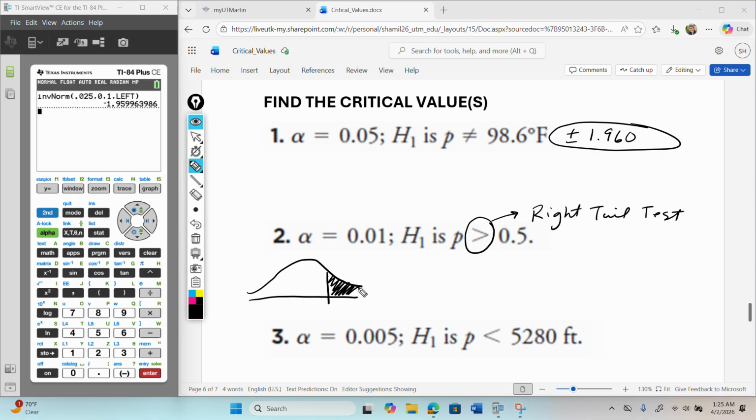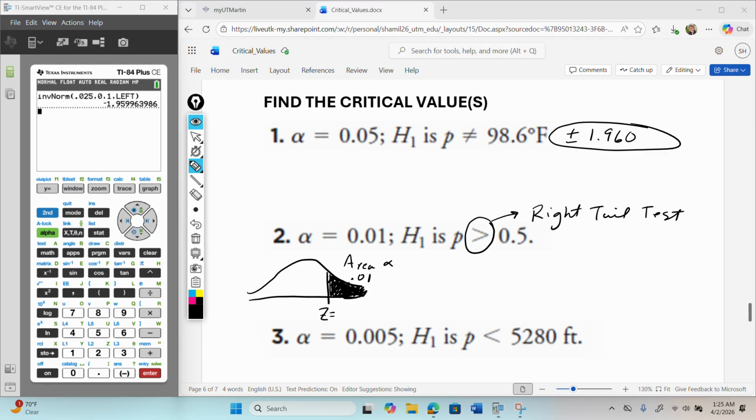So we will have one critical value, and it will be a positive number. And again, our population parameter is a proportion, so it will be a z-score. Now, alpha is the total area in the rejection zone, and so we only have one rejection region, and so this area is alpha.